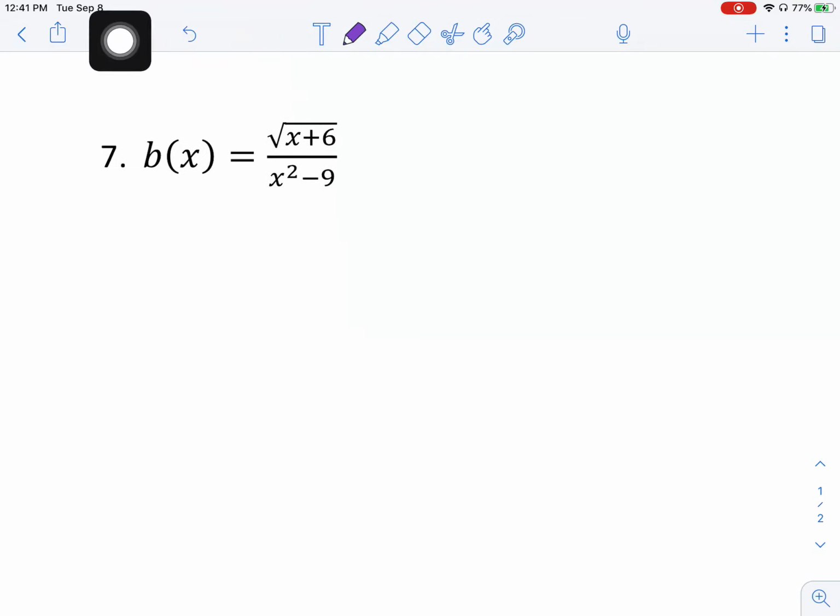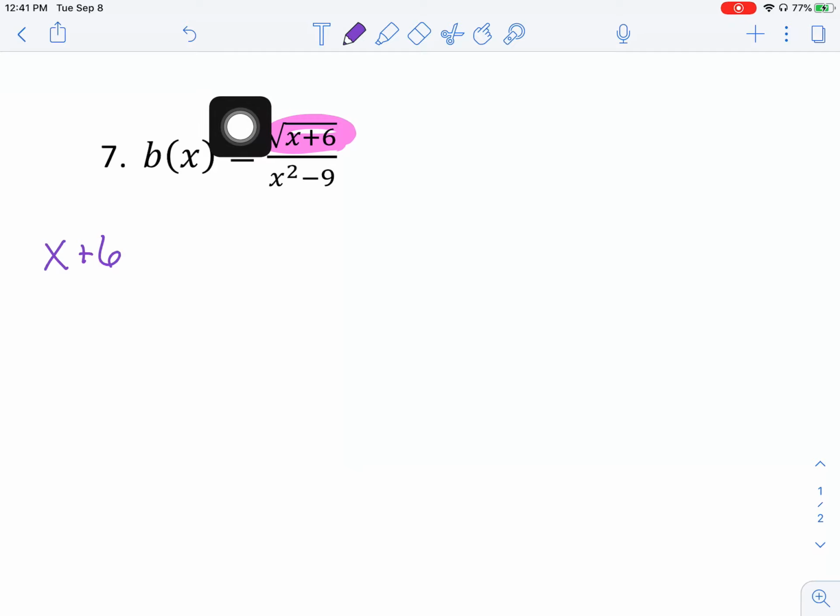All right. So first thing I look for is a square root. I have one. And so within the square root, I just want to focus on the expression. Now, you have to be careful because if the square root's in the numerator, it's a little different than if it is in the denominator.